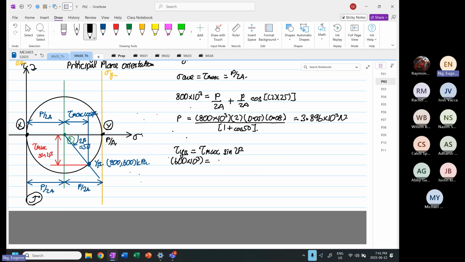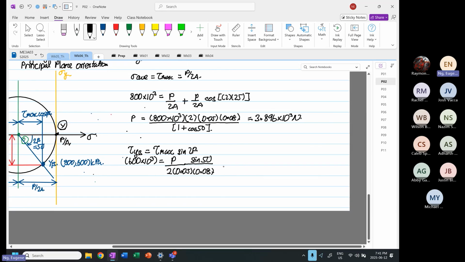So this is equal to P divided by 2 and both areas, 0.05 multiplied by 0.08, right? And then sine 2 beta is sine 50.